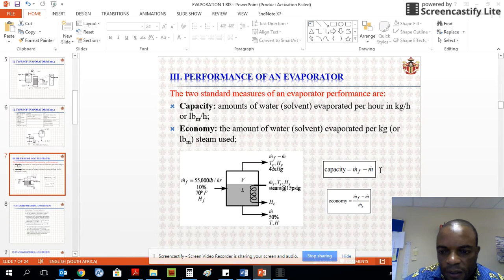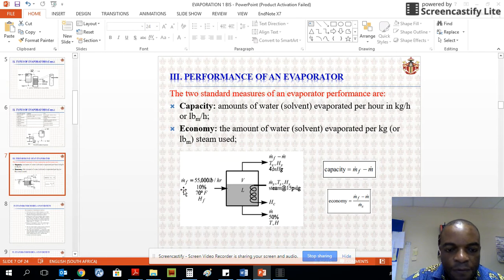You can see those 2 equations providing you means to calculate capacity. Capacity will be the flow rate of the evaporated solvent.